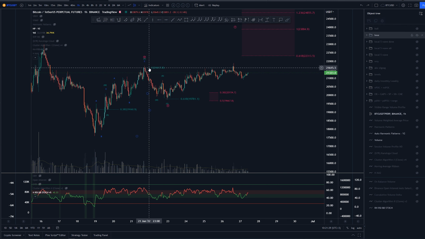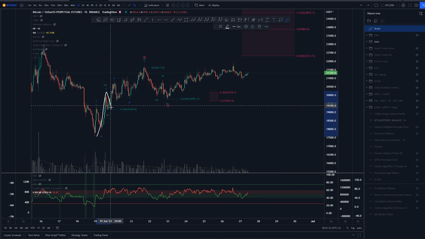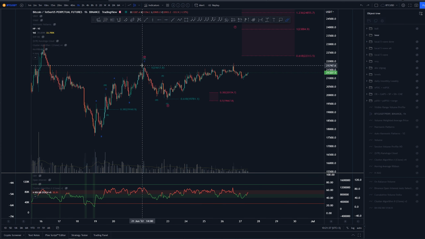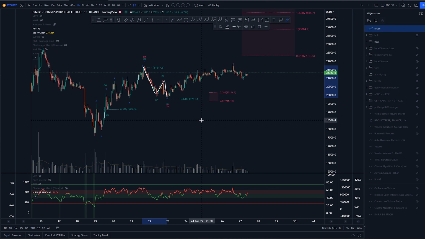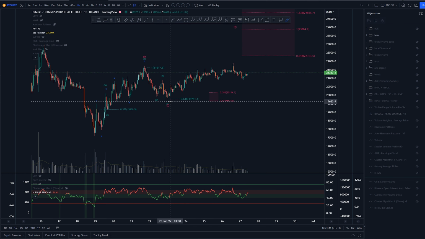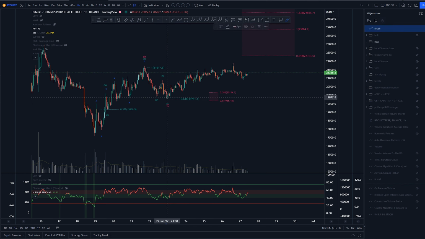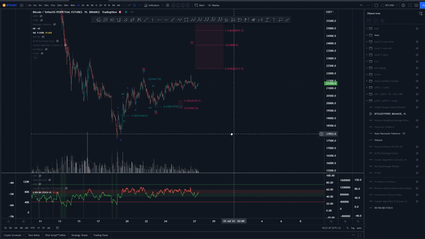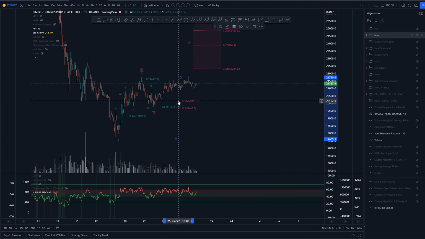So that brings us to the 1-to-1 extension of this W, X, and Y around the 21.6k area. Then we have a 3-wave move down here into the X wave, and now we would be looking for possible wave Y. Now the issue here is, well, not too much of an issue, but the retracement is very shallow.